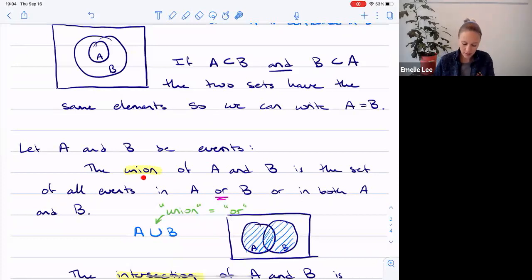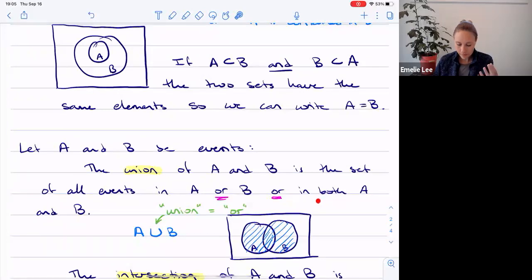So the union, I've highlighted that here because we're going to need to remember that term. The union of A and B is the set of all events in A or B. It's also taking into account the events that are in both A and B. Sometimes people are confused by that last part, that it can be in both.